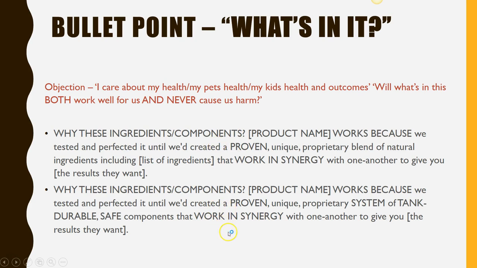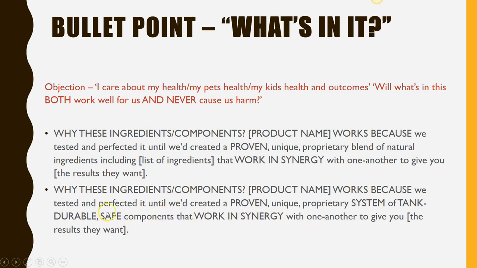This right here is more about products that are not things that you put in or on your body. So why these ingredients, components? Why 440 grade steel? Why 440 grade German steel? Product name works because we tested and perfected until we created a proven, unique, proprietary system of tank durable, safe components or tank durable, safe metals that work in synergy.